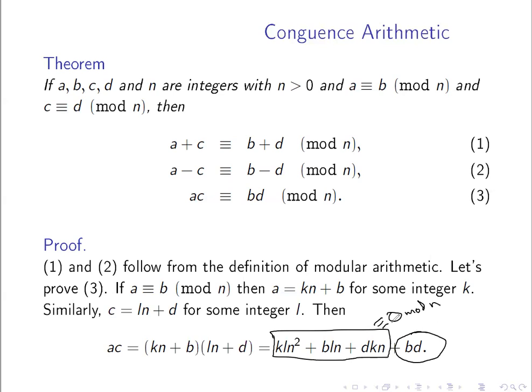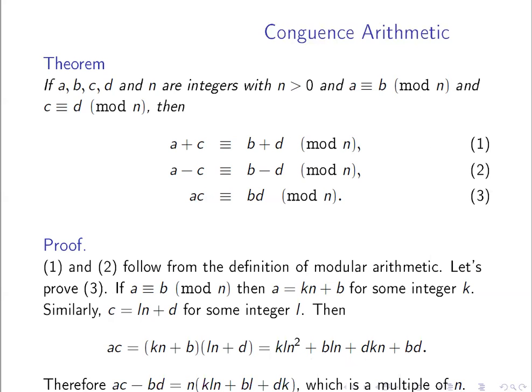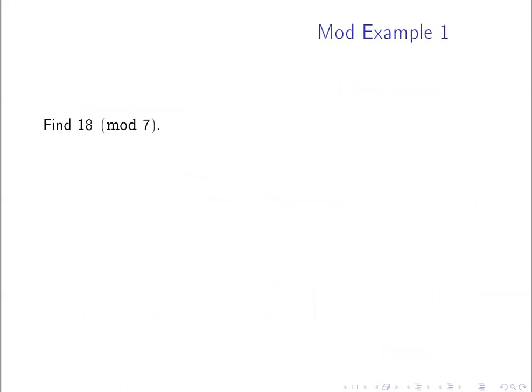And this is my remainder. However, bd hypothetically could still be bigger than n, so it could be outside of our least positive residues. So we would have to take its mod n, but it would be with some multiple of that. All right, so that's the idea. So let's do some examples to help you see how all this works.